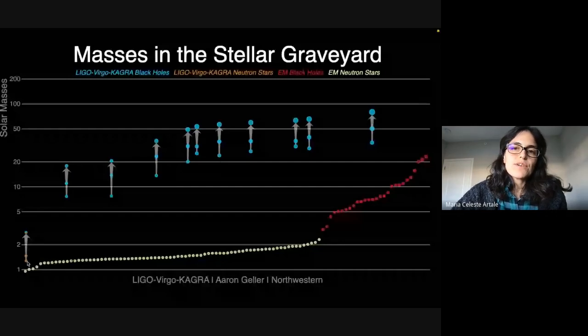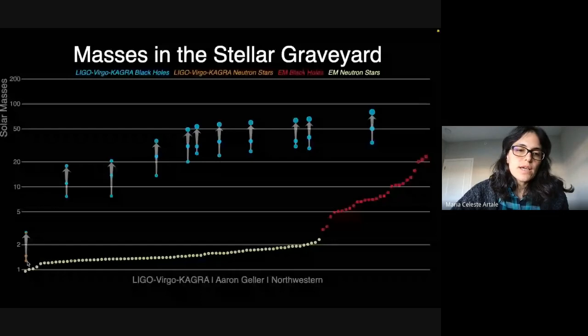For the first run, the first catalog we got a couple of years ago, this is here, I hope you can see it there on the big screen. The two dots are the two neutron stars, so the binary neutron star, the first detection of one, which I will mention later on again.